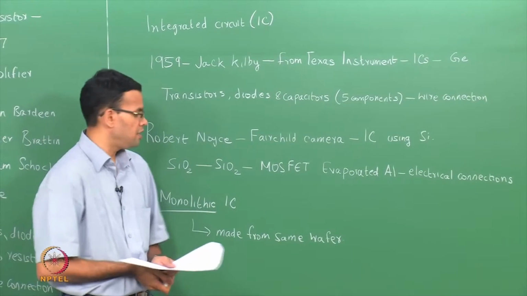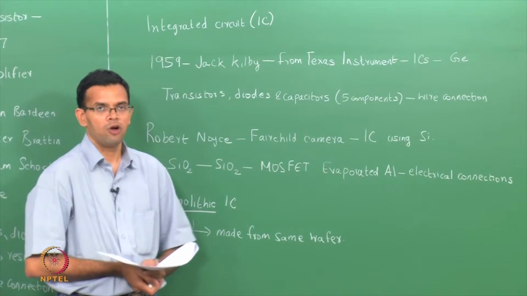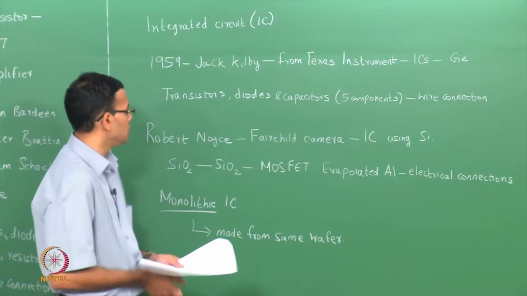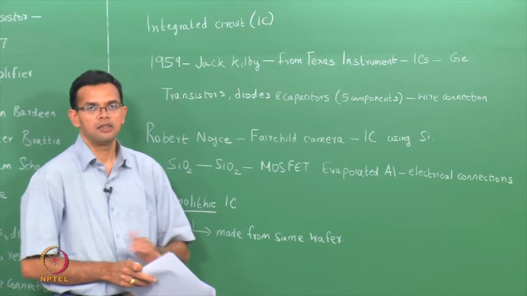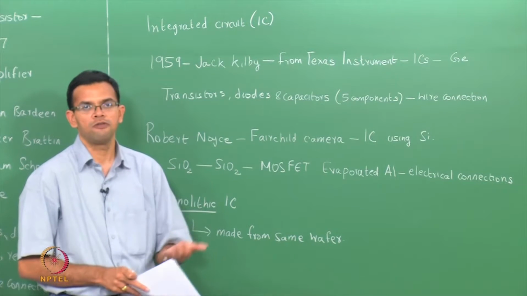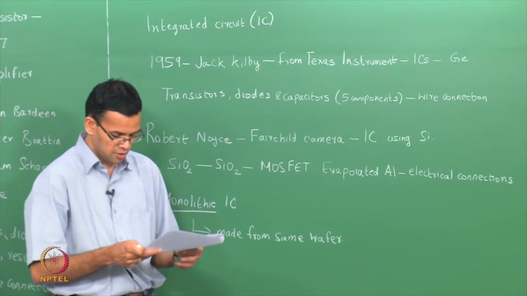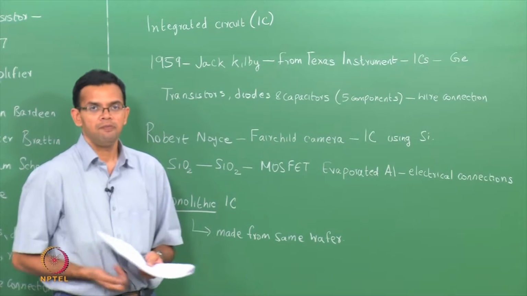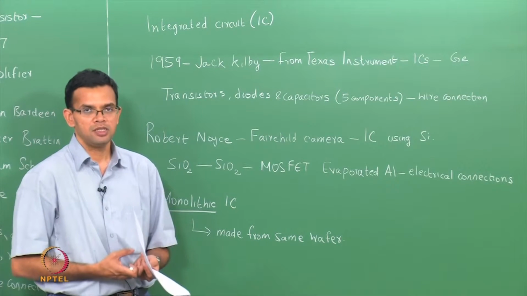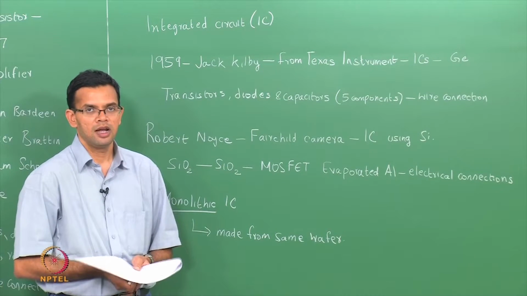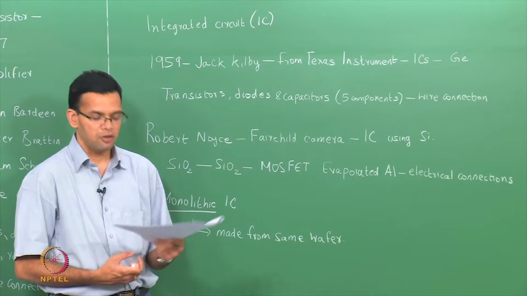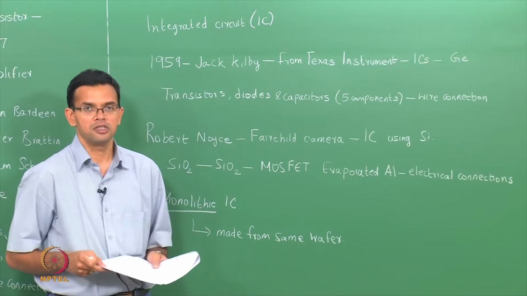The initial integrated circuits that were formed had only a few components. The first one had only 5 components, and later the number of components was usually tens or hundreds, but over time the number of components in a given wafer or chip has increased, and at the same time the size of the devices has also decreased.